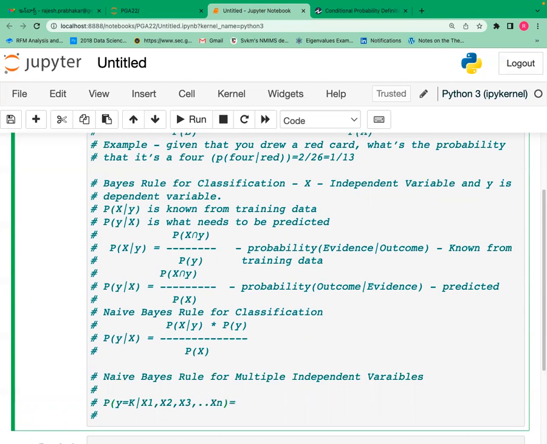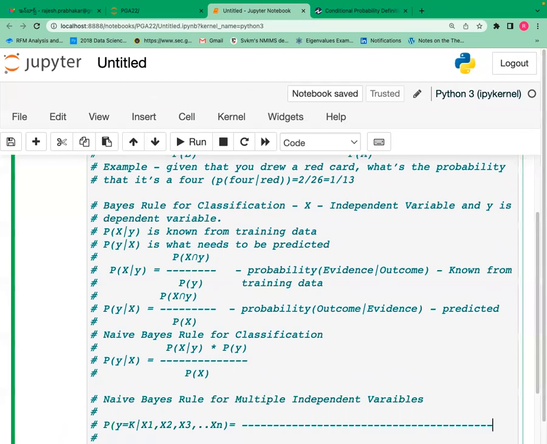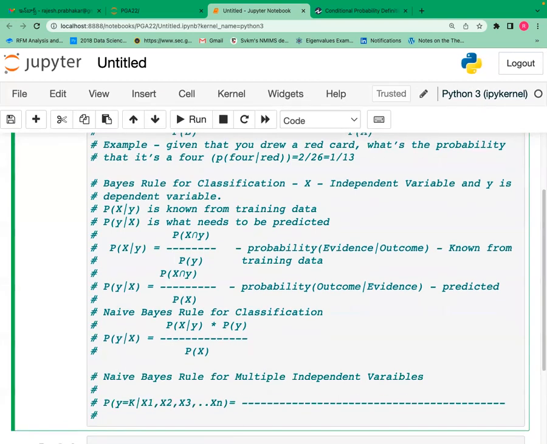What are x1, x2, x3, xn? Independent variables. The levels in the dependent variable are 0 or 1, like yes or no, 0 being no, 1 being yes.